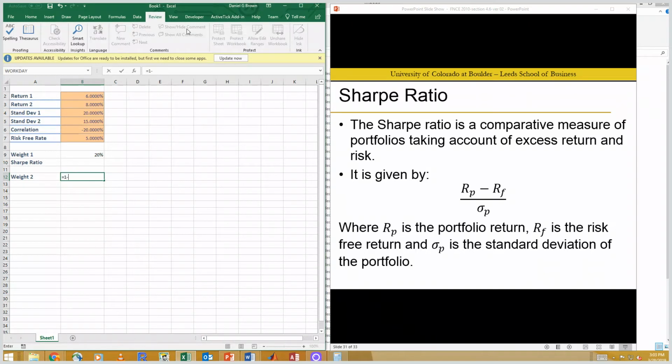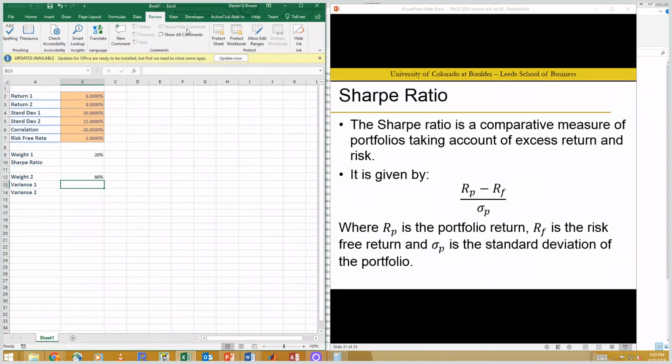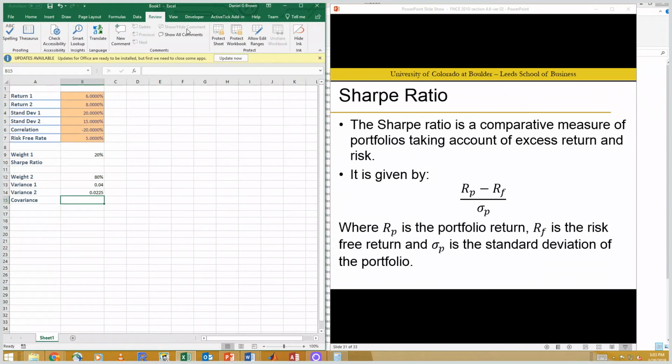That's going to be 1 minus the weight of the first stock. I need to calculate the variance of the first stock and the variance of the second stock. Well, that's just going to be the standard deviations squared. I need the covariance. The covariance is going to be the correlation times the product of the standard deviations.